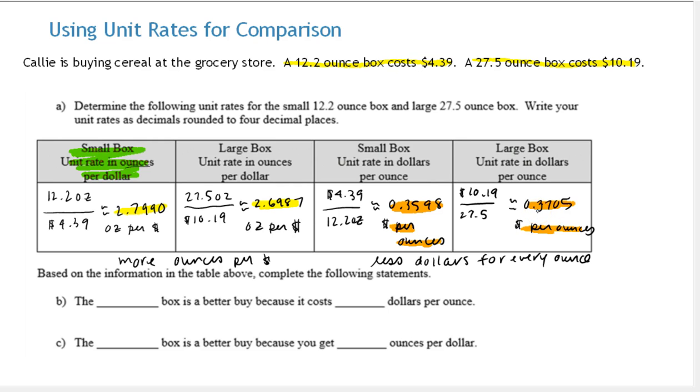So based on both of these pieces of information, we can determine that the small box is a better buy because it costs less dollars per ounce. And here, the small box is still a better buy, but using ounces per dollar, it's a better buy because you get more ounces per dollar.